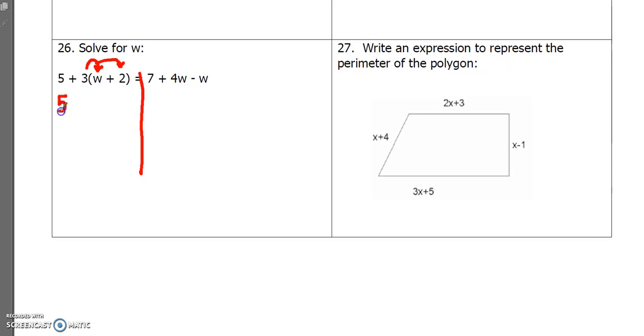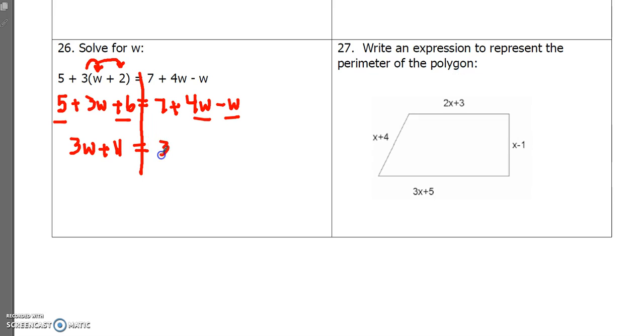So I will have 5 plus 3 times w is 3w, and 3 times 2 is 6, equals, and then I have 7 plus 4w minus w. Our next step would be to combine like terms. So on the left I have 5 plus 6, which I can combine, so I'll have 3w plus 11 equals, and on the right hand side I have 4w minus 1w, which gives me 3w, and then plus 7.